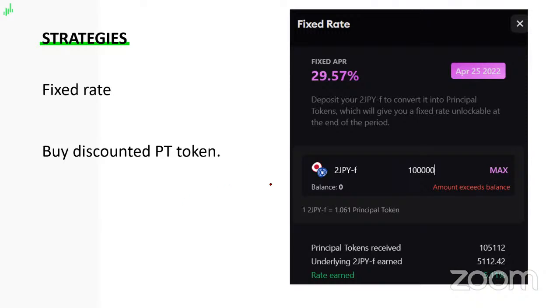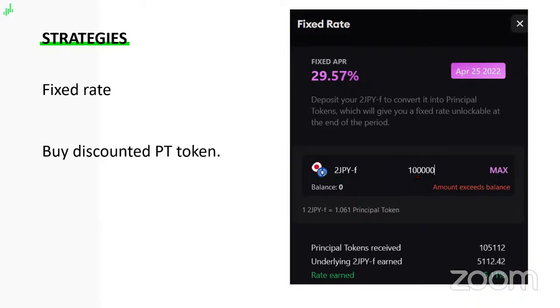So basically, you can sell your PT token for the underlying, but at a discount. So it also means that someone else can do the opposite. You can buy discounted PT token. So let's take the example of the 2GPY.